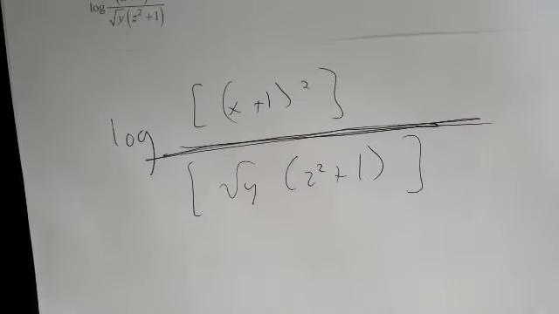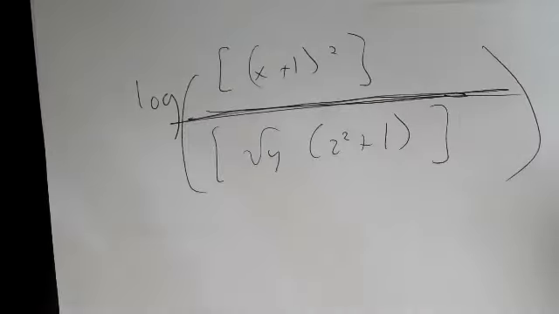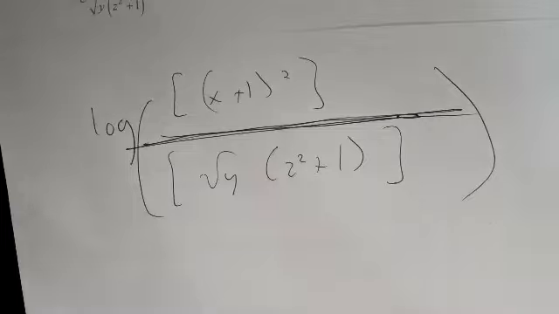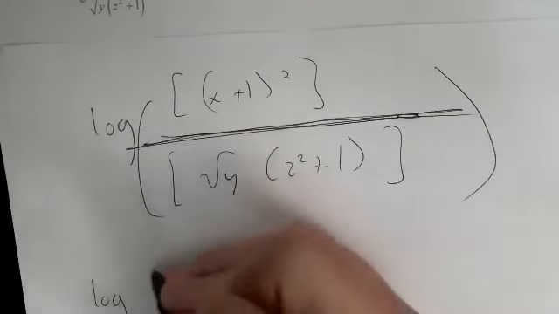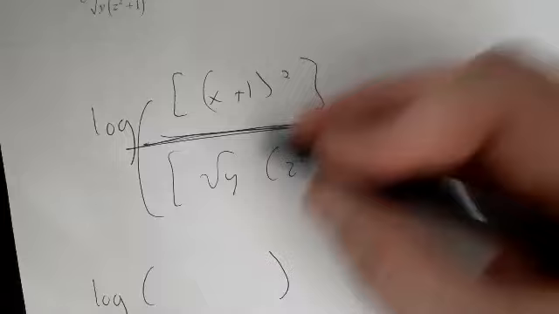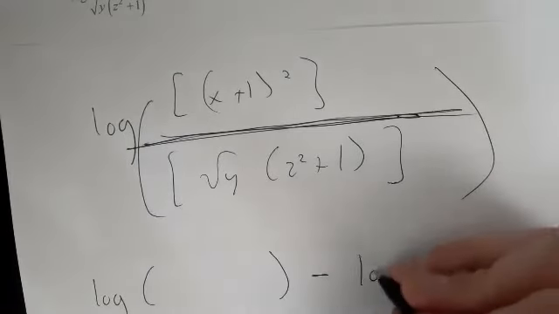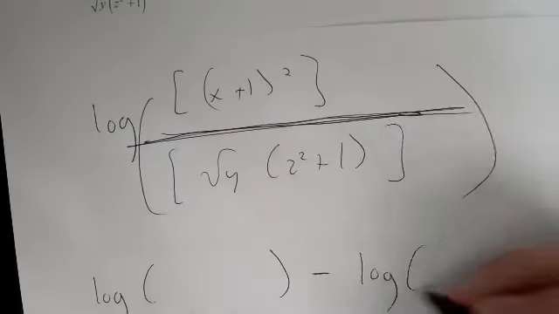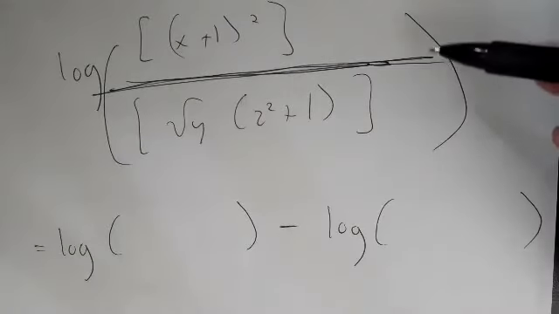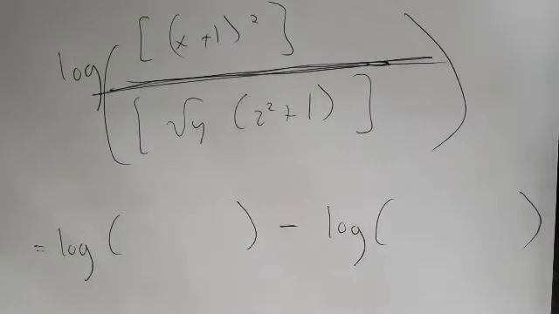So if I want to take care of this division bar, it is a single log if I'm dividing on the inside of the log. I want to split this up. I want to make this into multiple logs. So division on the inside is going to be subtraction on the outside. So this division bar is the first thing I'm taking care of.